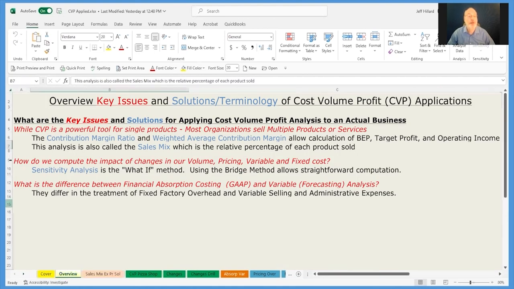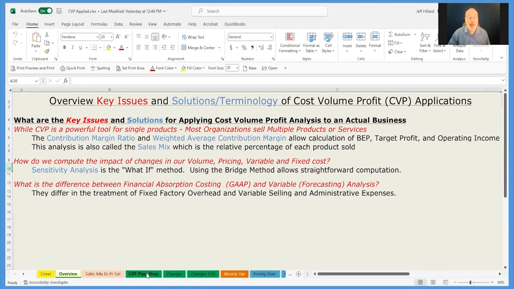The next issue is, what is the impact of changes to volume, pricing, variable cost per unit, and total fixed cost? This is commonly known as sensitivity analysis or what-if analysis.